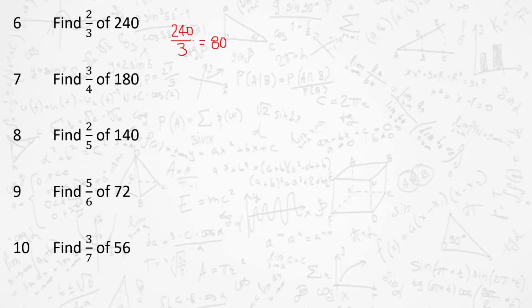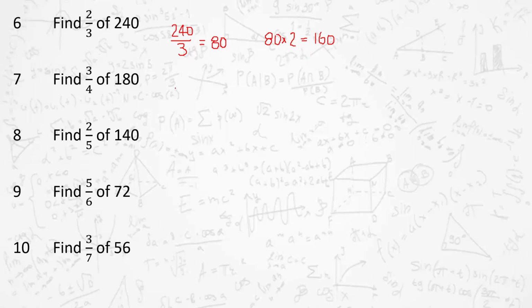So 1/3 of 240 is 80. Then to find 2/3, that means we have 2 of them. So 80 times 2 equals 160. So the answer is 2/3 of 240 is 160.